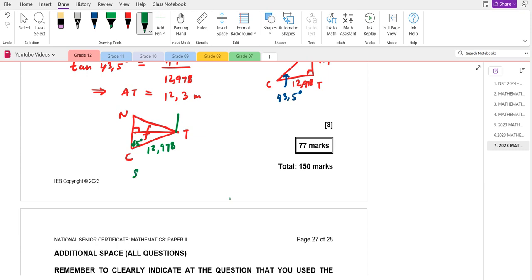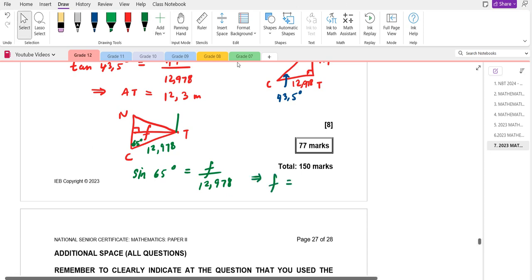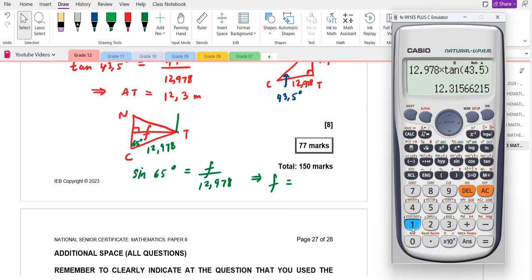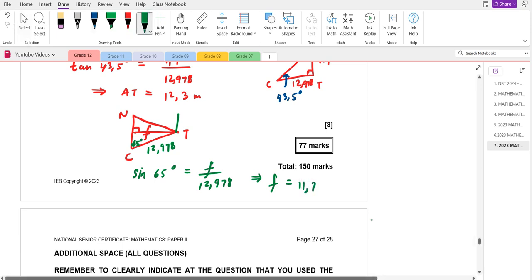So we can say sine 65 is equal to F over 12,978. This implies F is now equal to 12,978 times sine 65. That's going to give me 11,76 meters.